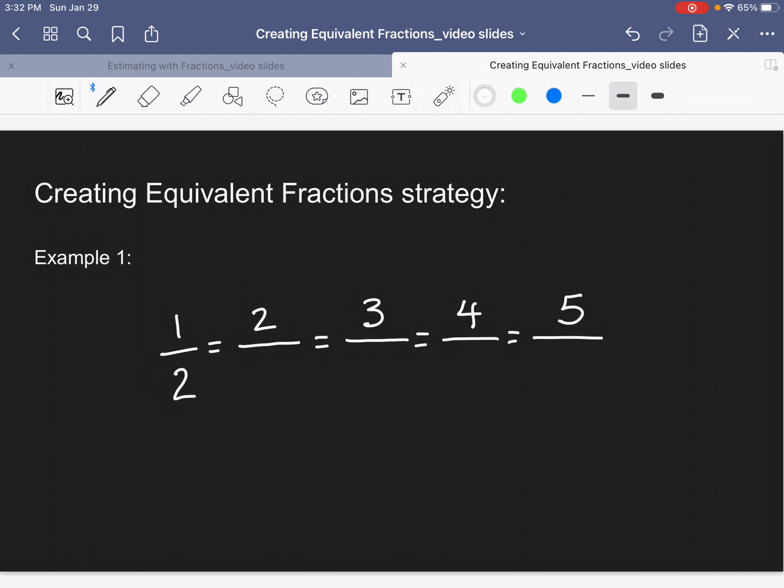I'm going to start skip counting or multiplying by 2. 2, 4, 6, 8, 10. This is listing your multiples of 2. And now you can see that each fraction that we've written out, 2/4, 3/6, 4/8, 5/10, are all equivalent to 1/2.